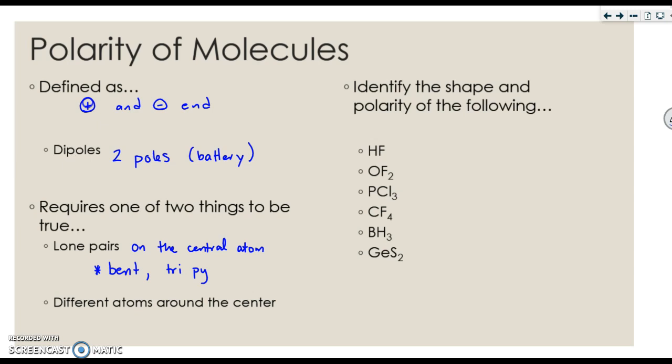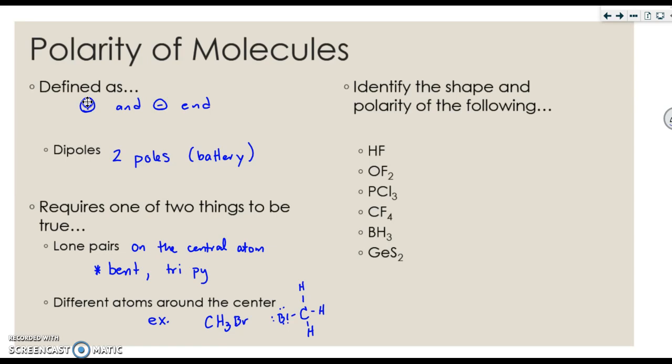Or you could have different atoms around the center. For example, if I had CH3Br, when I draw this, the carbon's in the middle, there are three H's, and then there's one Br, and there are different atoms found around the center. Polar means different.